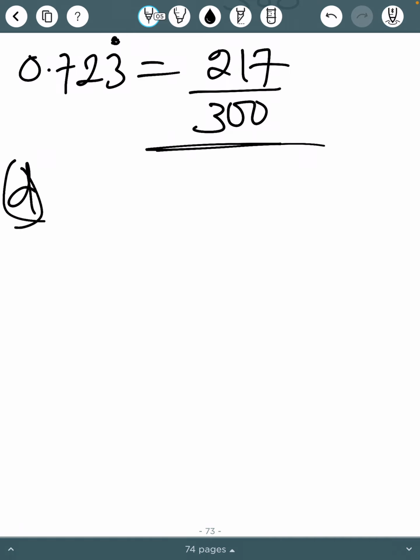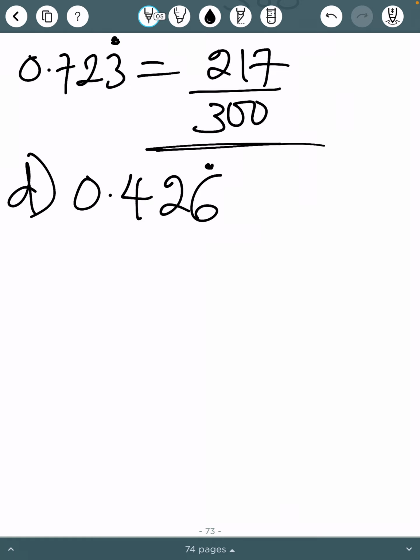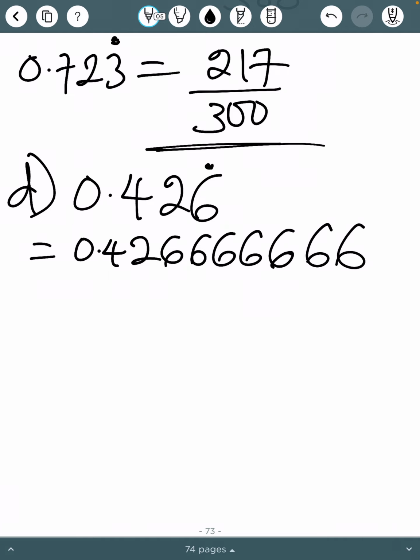So my next question is 0.426 with dot on the 6. This one too is the same thing as the previous one. We can write it as 0.42666666 and so on.